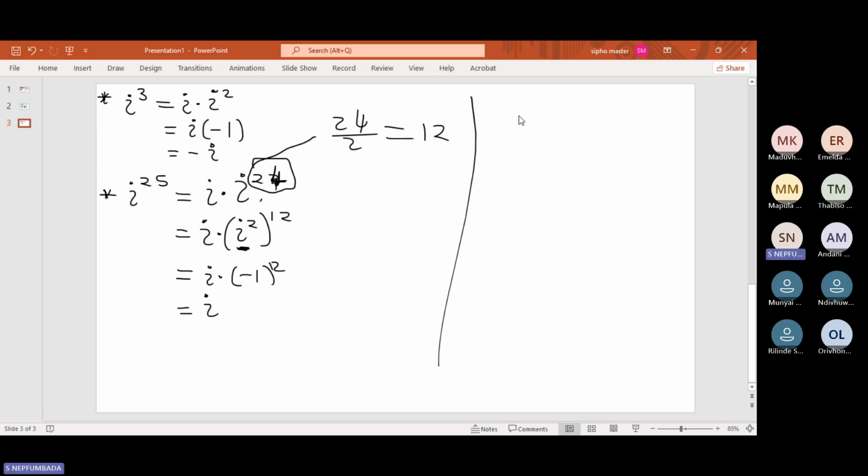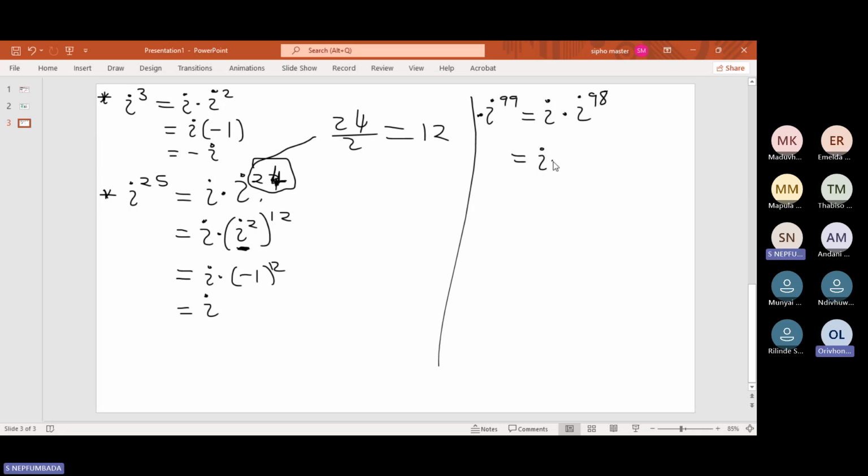Someone can say, okay, what about i to the power of 99? This is the same as what? We remove one i. Then we've got i multiplied by i to the power what? 98. Are we good? Yes.